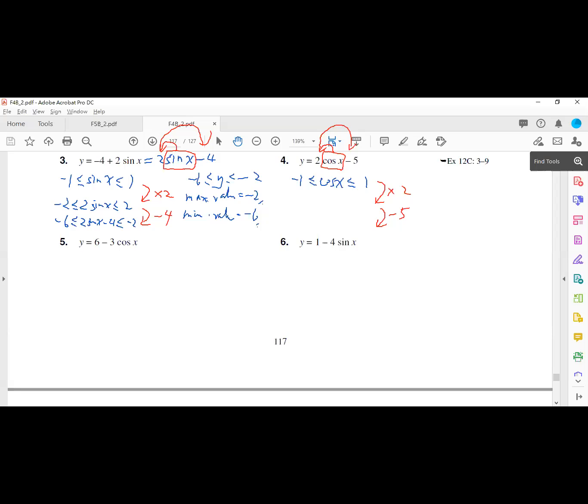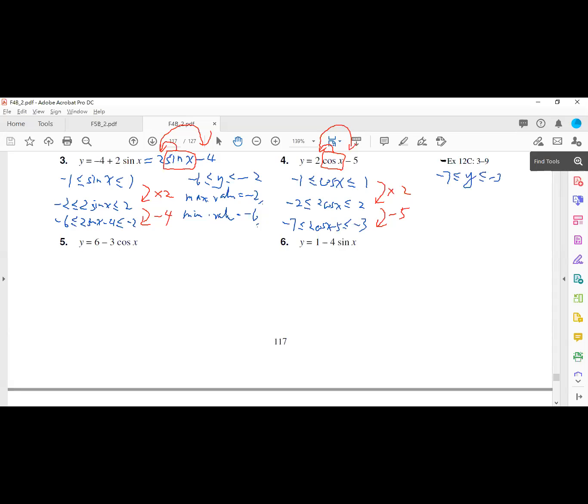For the first step, multiply by 2 is -2, 2 cosine x, 2. And we do not need to change inequality sign. And then -5 is -7. And then 2 cosine x minus 5. 2 minus 5 is -3. It's less than equal to. And then we have this change to y.